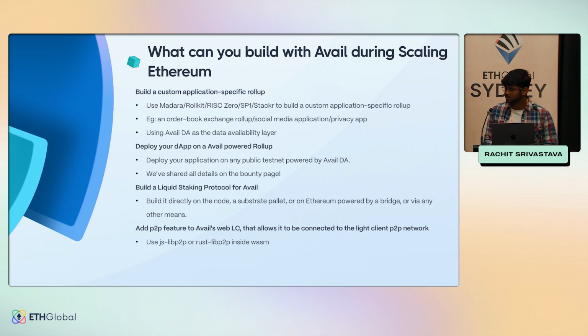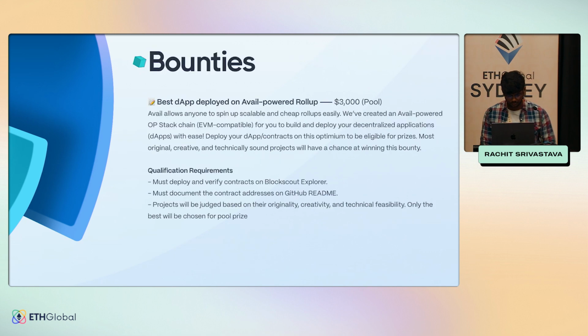To be eligible for the bounties, which I'll come to later, you have to build a dApp or something which underneath uses Avail as the data availability layer for its data storage. You can build a liquid staking protocol for Avail, and you can add more features to the P2P library of Avail. All of our tech stack is in general open source, so feel free to go through our GitHub and contribute anywhere you want.